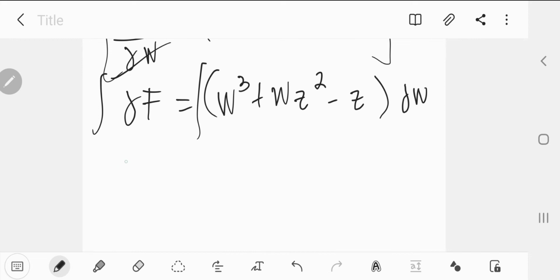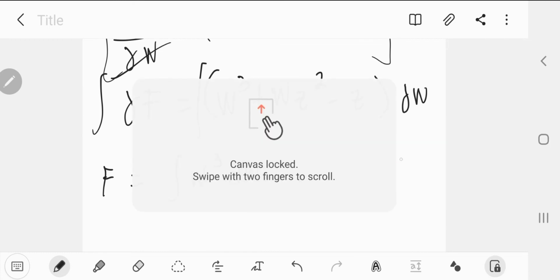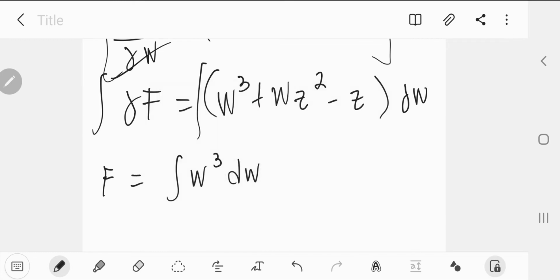So we have f is equal to the integral of w cubed dw plus the integral of wz squared dw minus the integral of z dw.